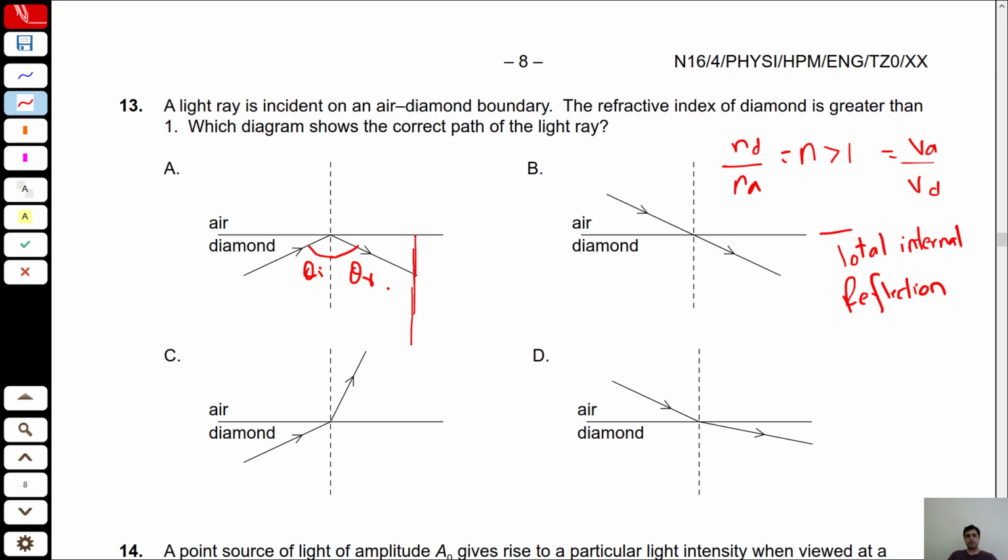For example, if the ray hits a different surface, and the refractive index is still bigger than 1, then there will be a second total internal reflection. So it will keep on reflecting within the body. This phenomenon is also used in fiber optic cables to transmit information in the form of light instead of current.